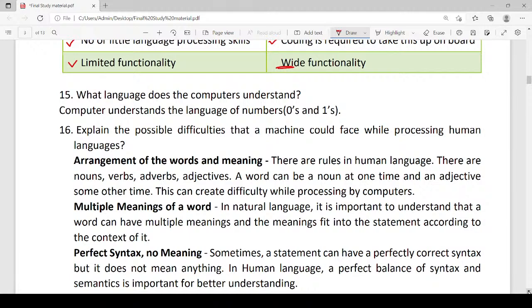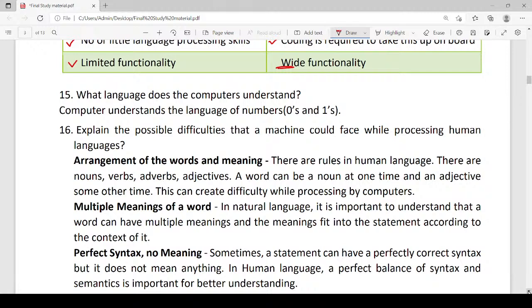Now tell me students, what do you mean by the term syntax? You must have heard of syntax and semantics. I see there is an answer for perfect syntax, but what do you mean by the word syntax? What is syntax?